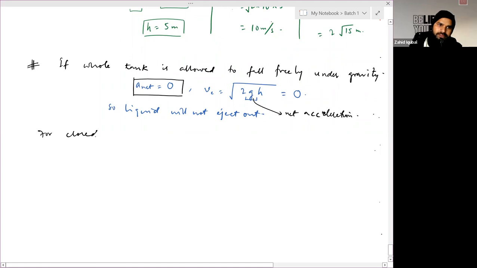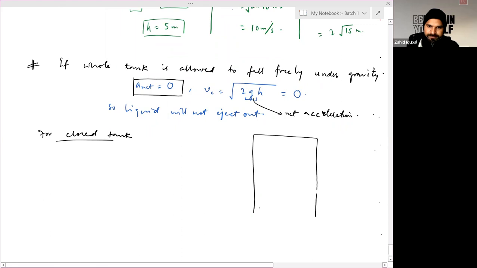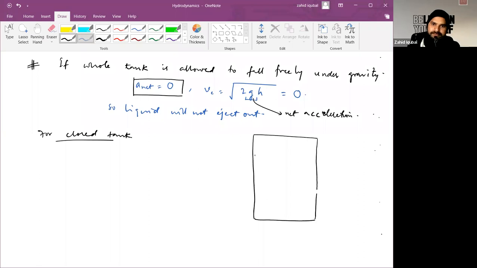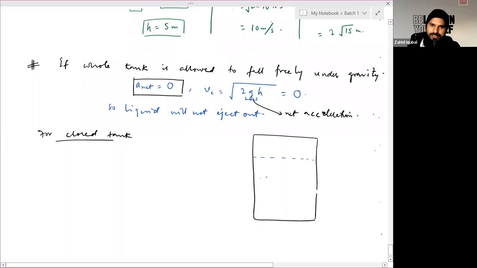So for a closed tank, in which liquid is up to this height, and due to pressure difference, it will tend to eject out to reach at this point.